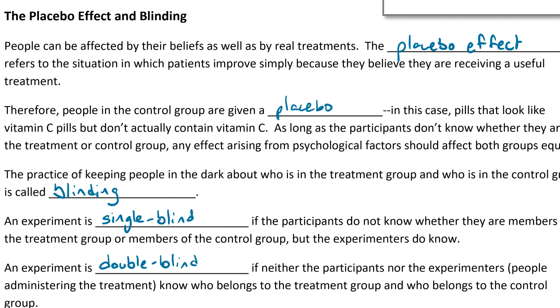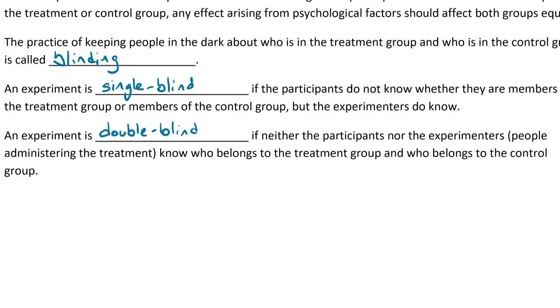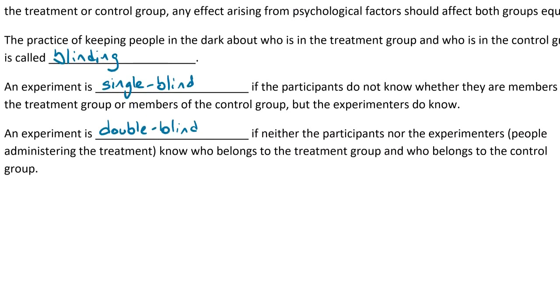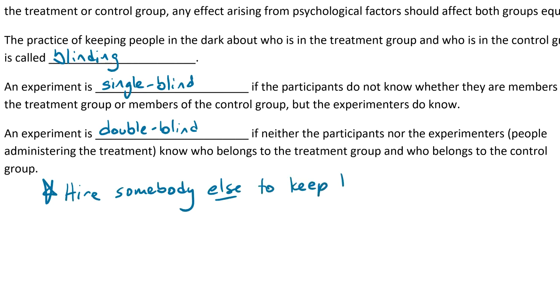Now, just one note about that is at the end of the experiment, you do have to know who was who in the study. So since somebody needs to keep track of it, what they'll usually do is hire somebody else to keep track of who is in which group.